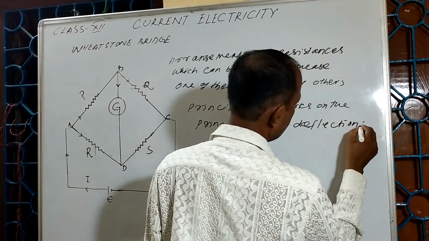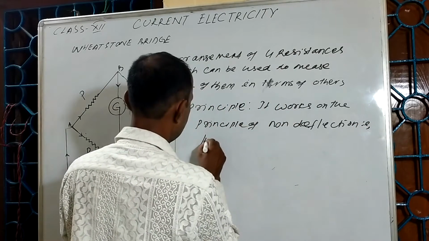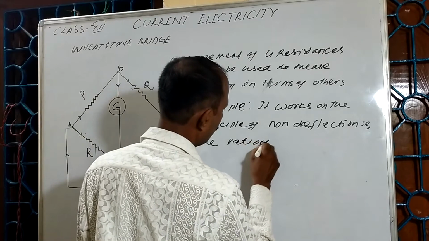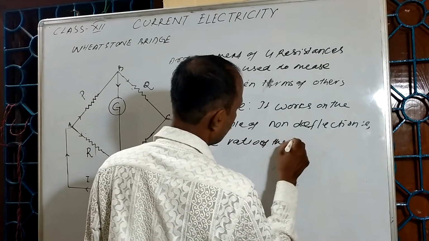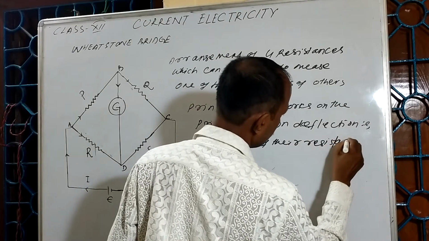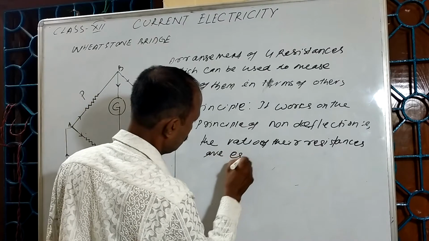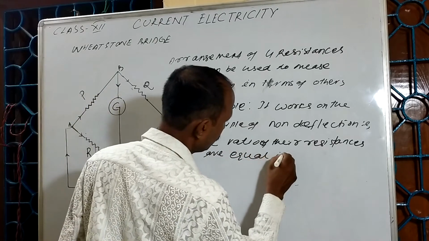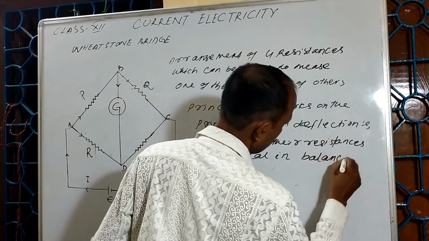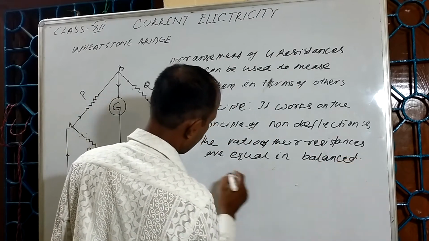That is, the ratio of their resistances are equal in balanced condition.